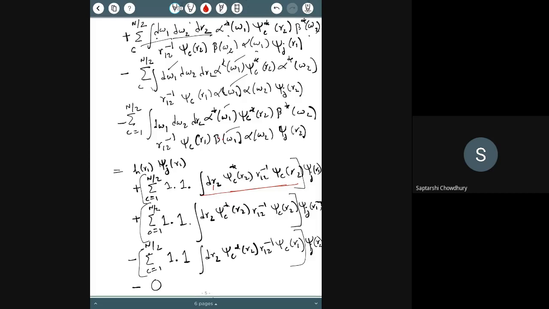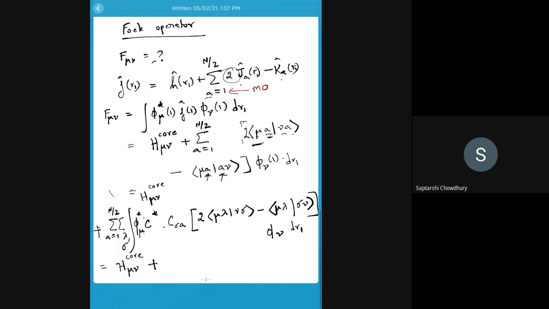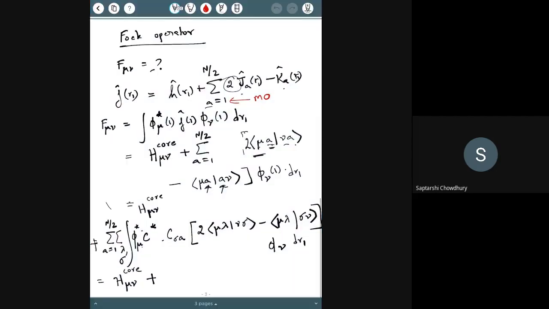And when you take the expectation value of the Coulomb operator with respect to any, you get this one, which I have written over here. So obviously, I should not have continued with writing the integration over phi mu star.